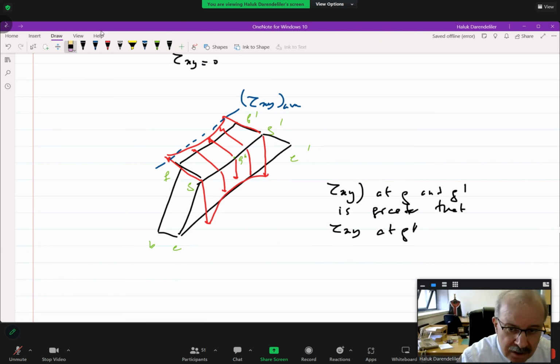Is this clear? So in the middle portion, there is a decreased shear stress distribution, which you can determine by elasticity.